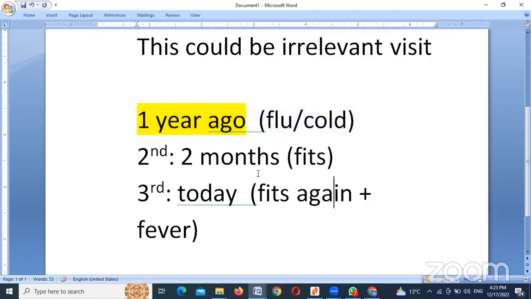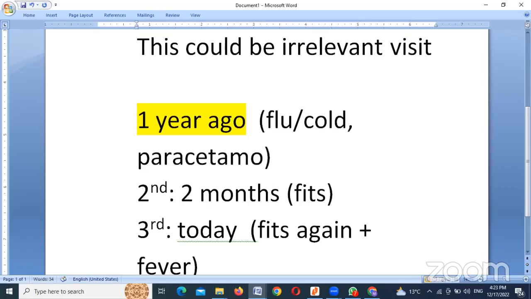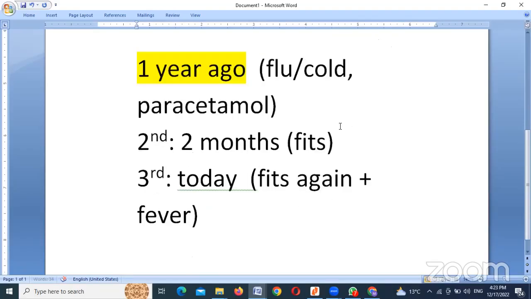If you have a letter in which the first visit was 1 year ago, the patient presented with flu, cold, and you gave paracetamol and the patient went home, then the patient came 2 months ago with fits, and then came today with fits again plus fever.